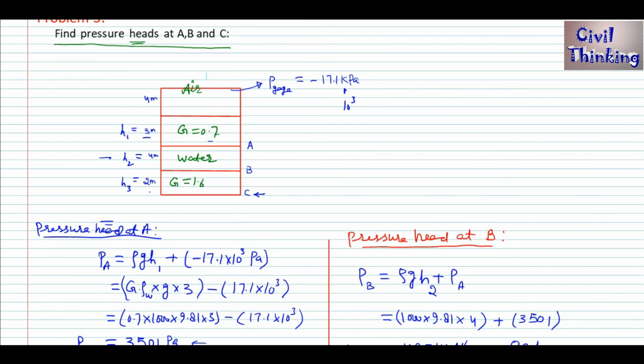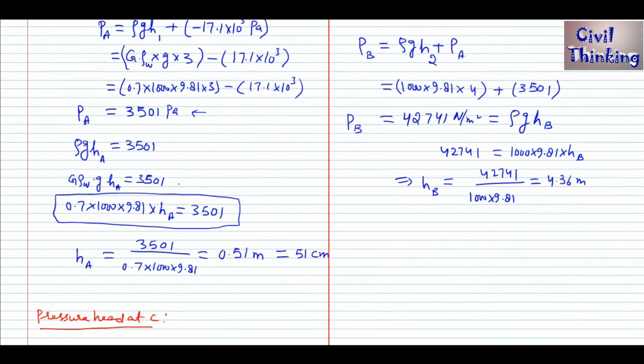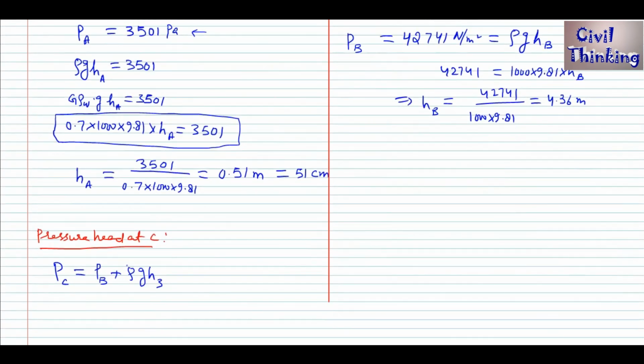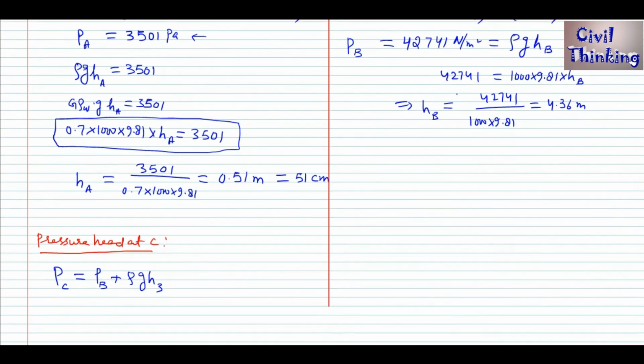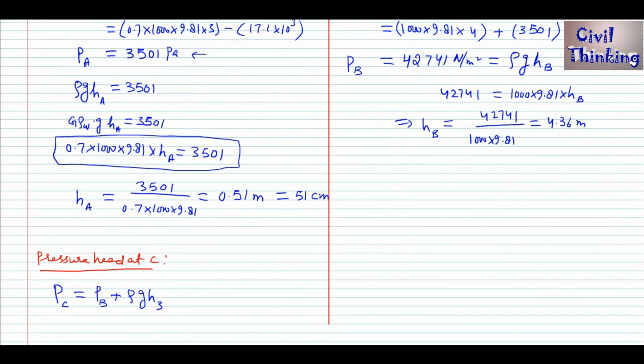Now the height here is 2 meters and the specific gravity of this unknown fluid is 1.6. How much is the pressure at B? We calculated it, here it is, 42741. So we are going to use this: 42741 plus rho.